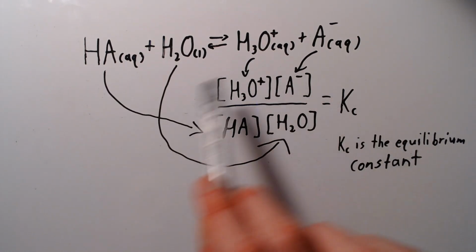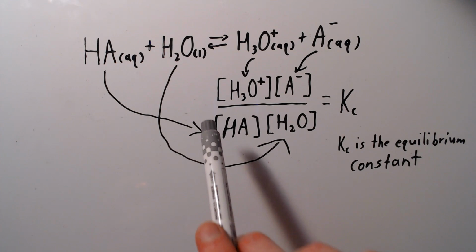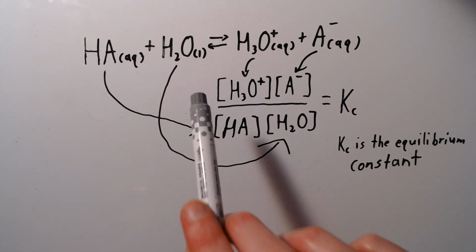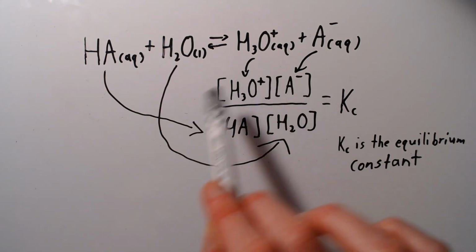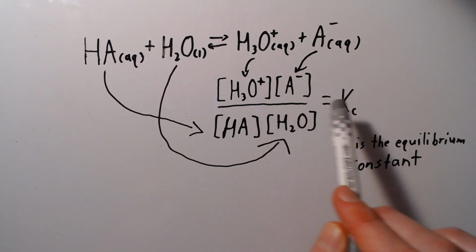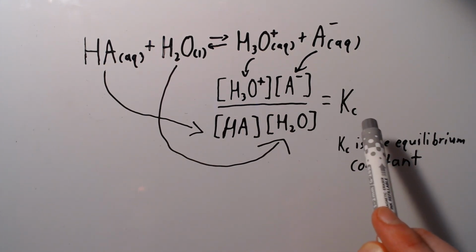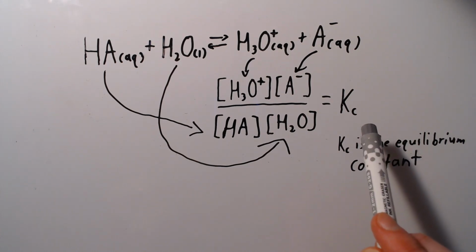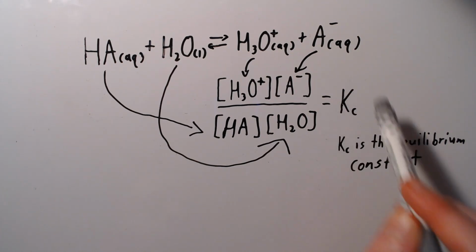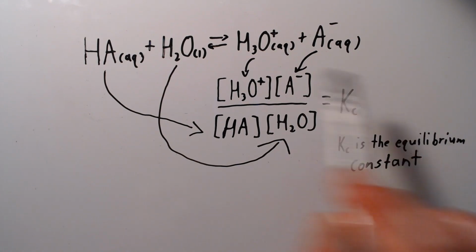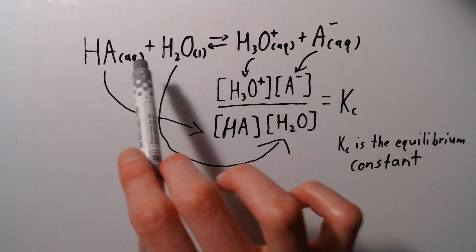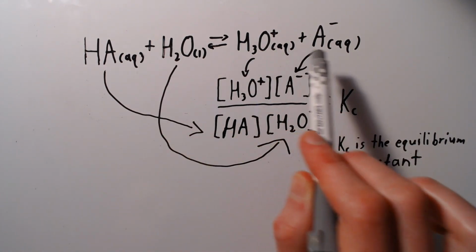Only then can we use this equation. So this formula right here is equal to Kc, the equilibrium constant. And the equilibrium constant basically measures how much this reaction went forward at equilibrium.